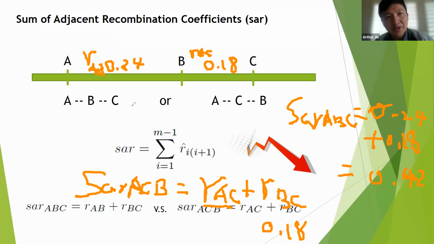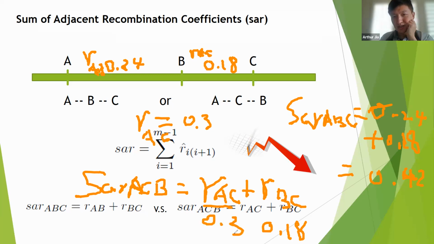We don't know this, but definitely we know this value is large because A and C are far removed. So this value must be something, let's make it up, like 0.3. So this is AC. Intuitively, this will be greater than this. Does that make sense?